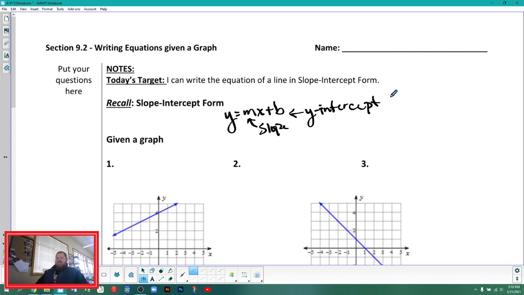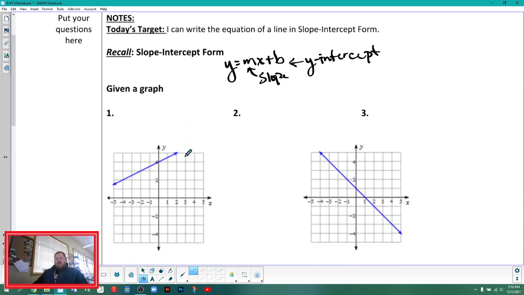I consider three steps when trying to write the equation from a graph. Step one is find the y-intercept. That's where the graph crosses the y-axis.